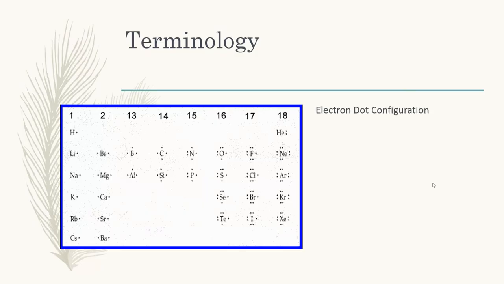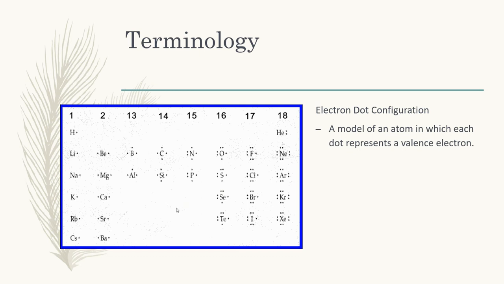So our first term we're going to look at is electron dot configuration. And this chart right here shows the different electron dot configurations for some of our elements. Now, keep in mind for transition metals, these are not included because they change how many electrons they lend. So electron dot configuration is a model of an atom in which each dot represents a valence electron.